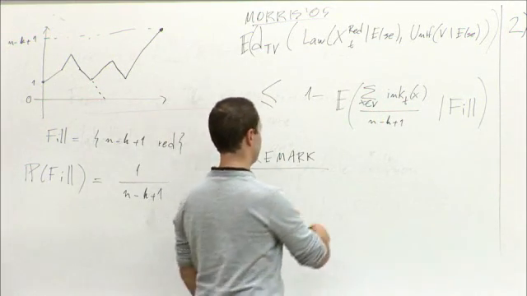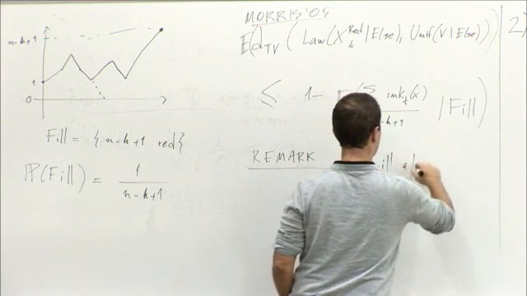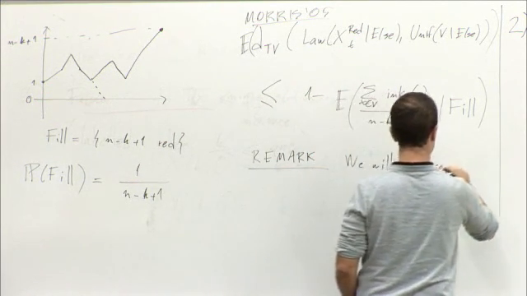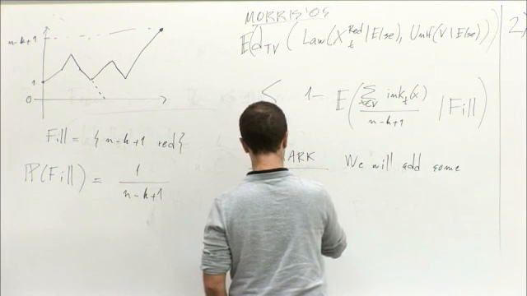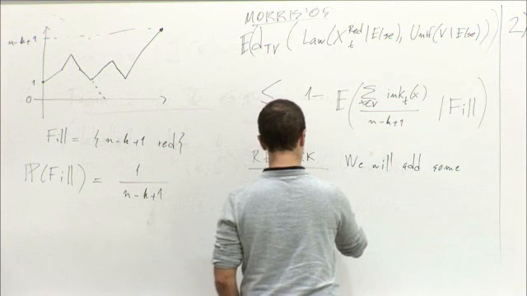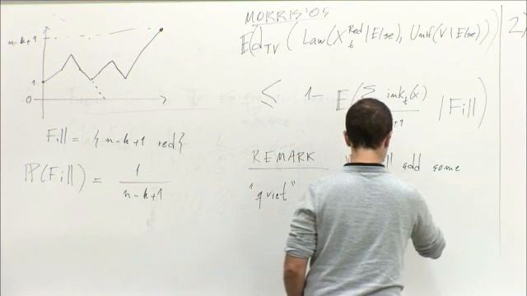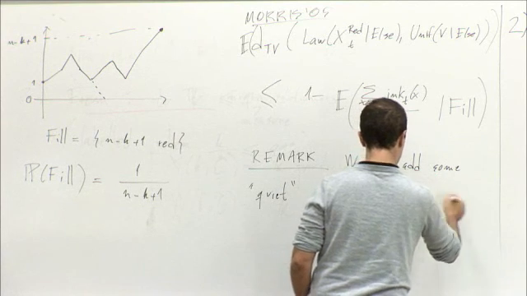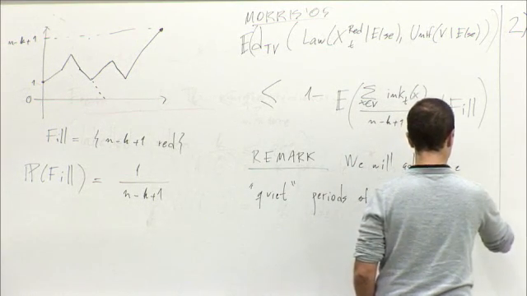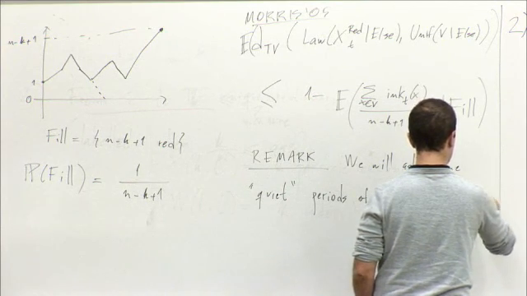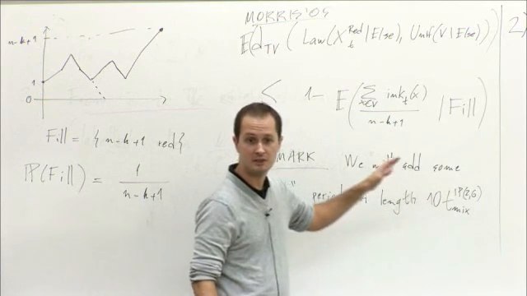So what we're going to do is add some quiet periods of length, some constant, let's say 10 times the T mix of IP2G. Remember, this is two labeled particles, so this is sort of the same thing as a mixing time.